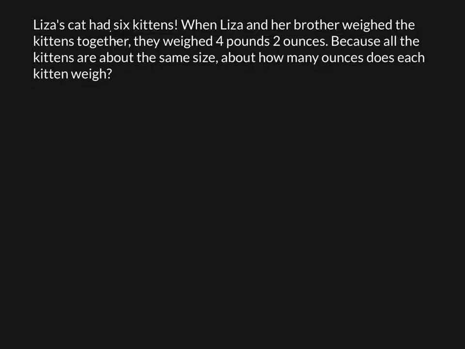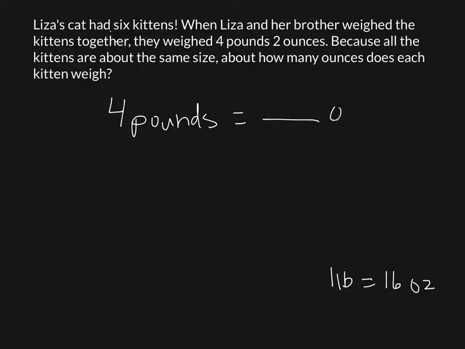Okay, step 1 is converting pounds to ounces, and I know that 1 pound equals 16 ounces. And I have 4 pounds here, so I need to know 4 pounds equals how many ounces.